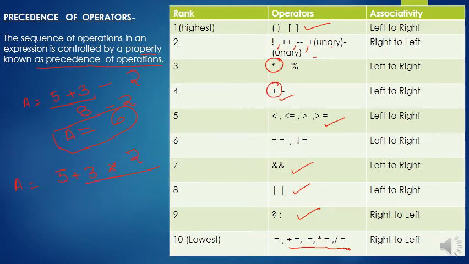So first it will give 3 multiplied by 2, 6, and 5 plus 6 is equal to 11. So A will store the value 11. So if multiple operators are there in any expression, then the expression is evaluated according to the precedence of the operators. So children, learn the definition of the precedence of the operator and prepare the chart in your classwork copy.